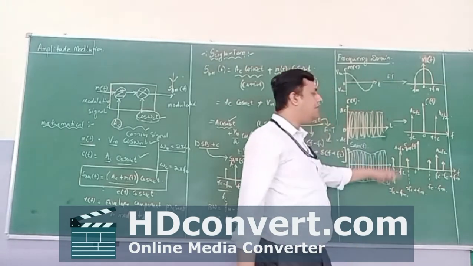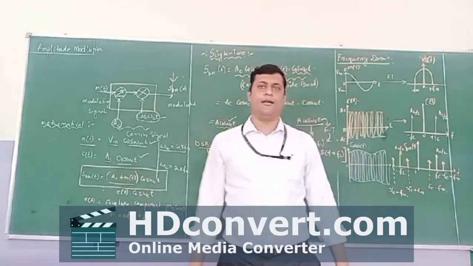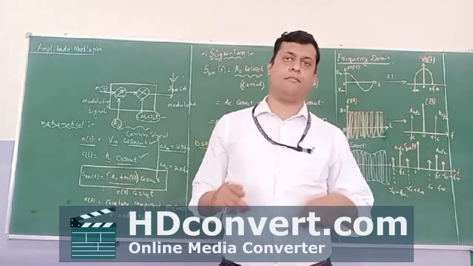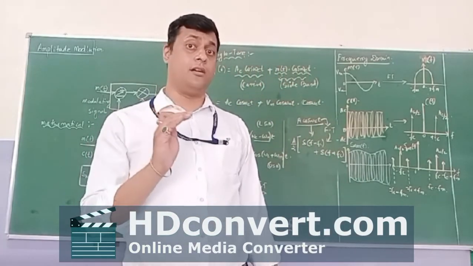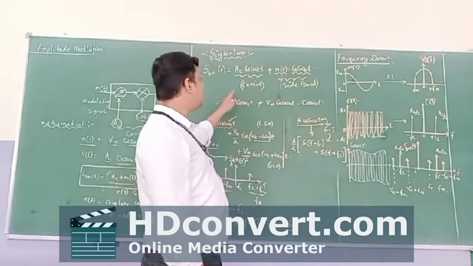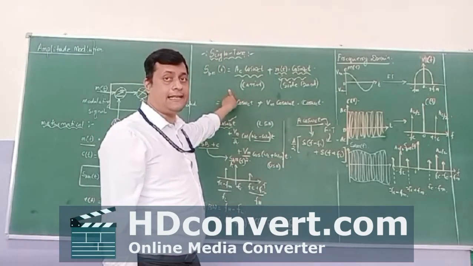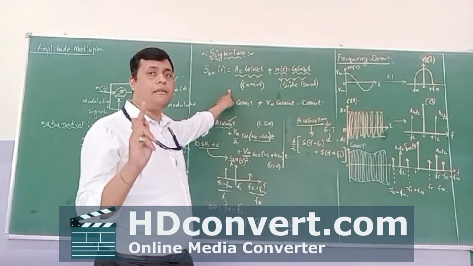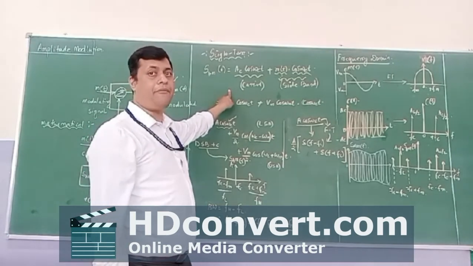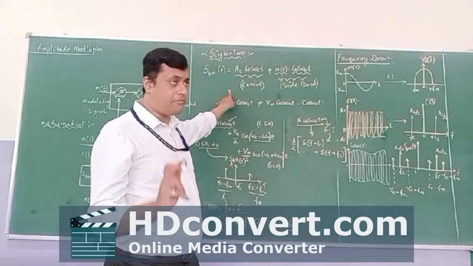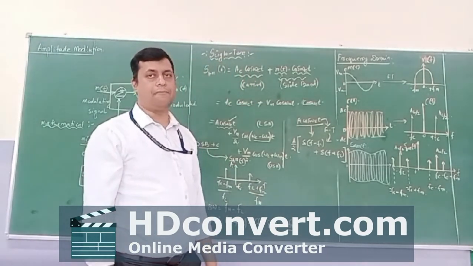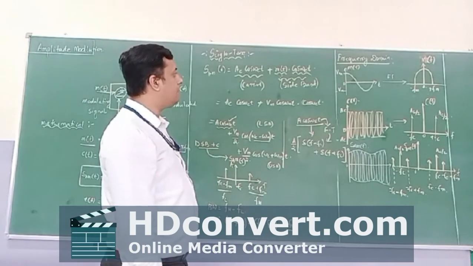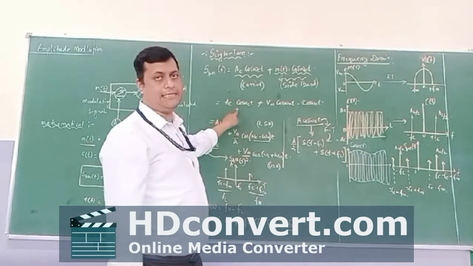So this is the frequency spectrum of the amplitude modulated signal for a single tone, because here we have considered that our modulating signal has only one frequency component. In that case we can consider the single tone representation, and this is the derivation.